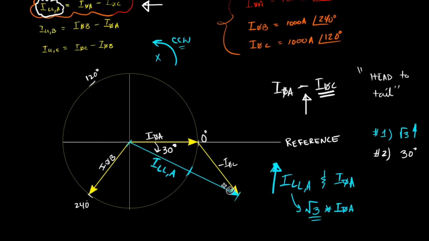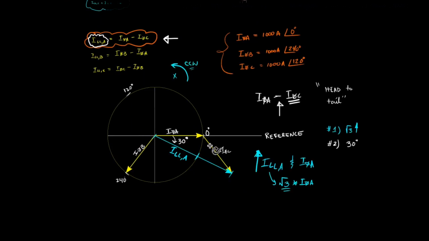All we're saying is if we compare phase current A, which is this phasor here, with line current A, which is this phasor here, we'll see that the line current is a lot larger than our phase current. Not only is it larger, but it also has a 30 degrees phase shift.